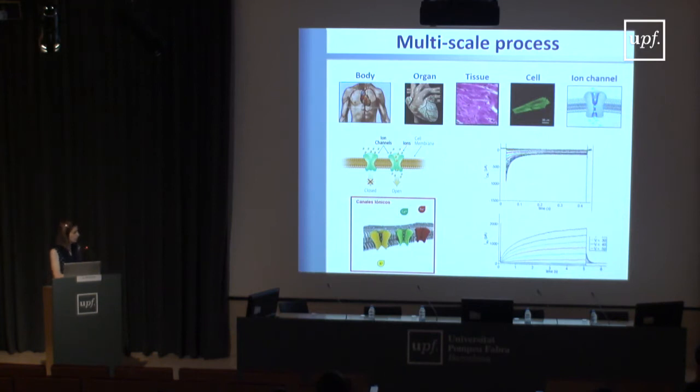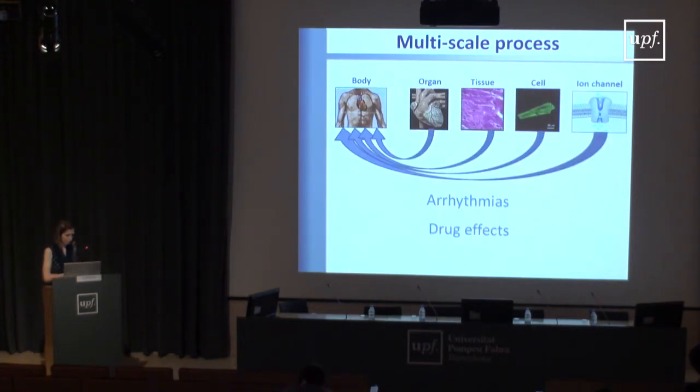And of course, for this activity to happen, for the cell to have that electrical response, we need electrical currents flowing through the membrane of the cell. Basically, calcium, sodium, and potassium ions going between the inside and the outside of the cell through these structures, which are the ion channels. We see here some examples of ionic currents related to different types of ion channels within the cell membrane.